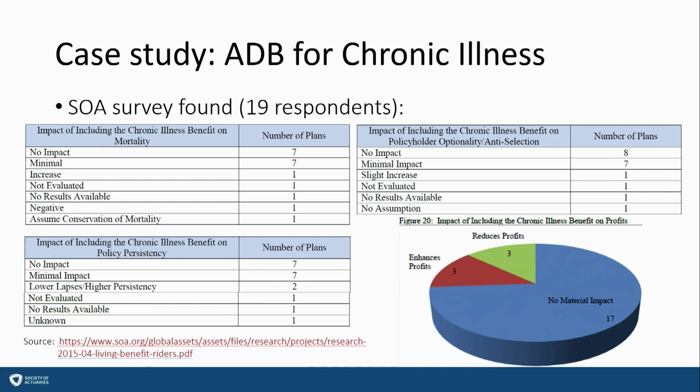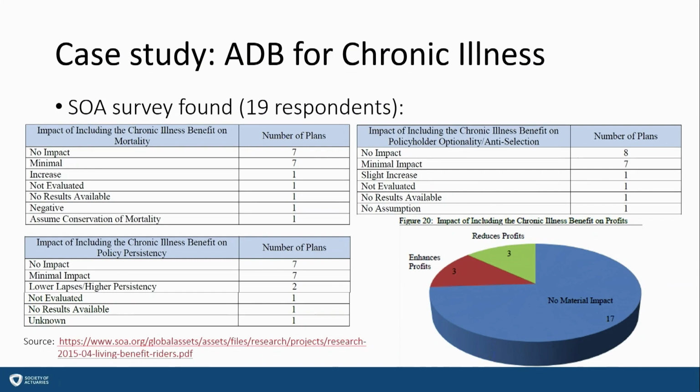The SOA, again, did a good survey on this. And what I wanted to show here is just the view of the respondents, so companies that offer these products, and looking at whether they think the mortality assumption is going to be affected by adding this rider, or whether the policy persistency, the lapses, will be affected, whether there's any optionality or anti-selection that will take place, or whether there's profitability issues that will come from adding it.